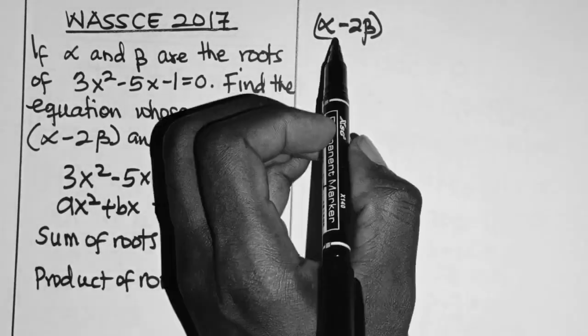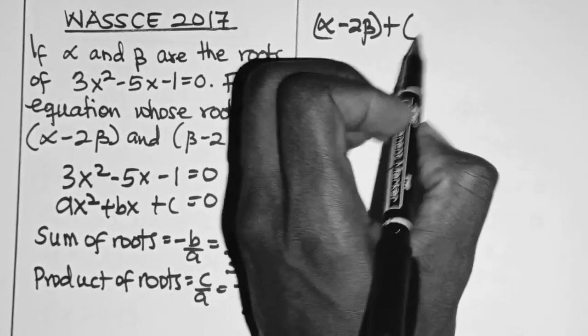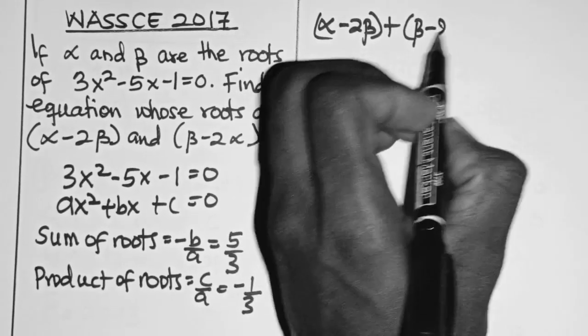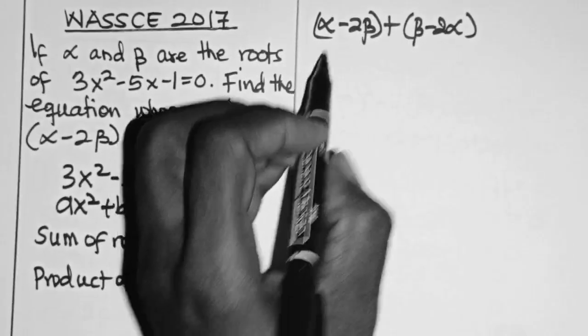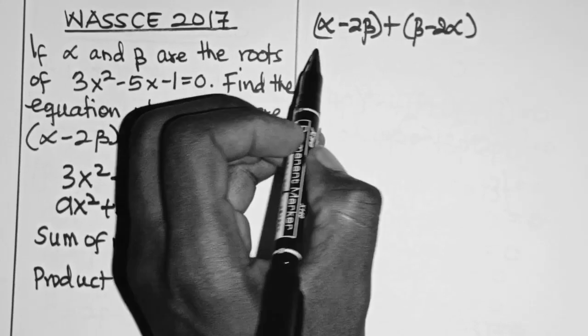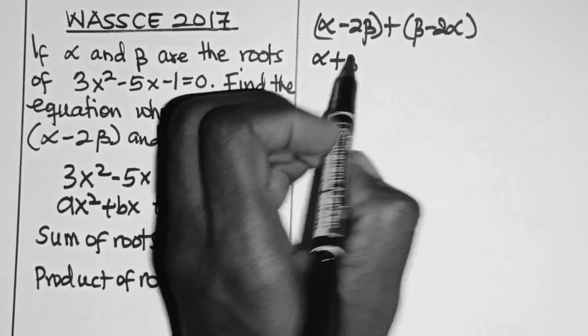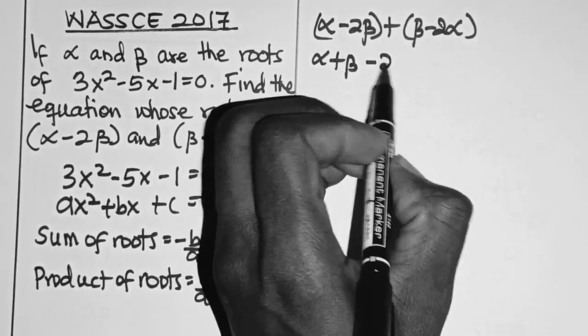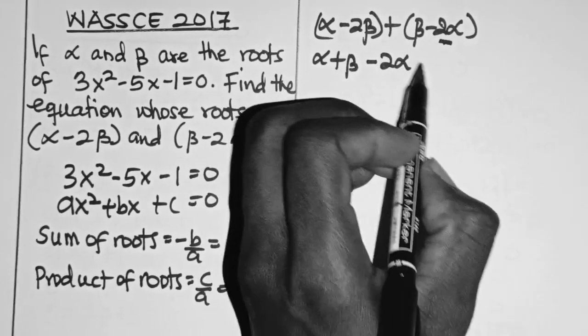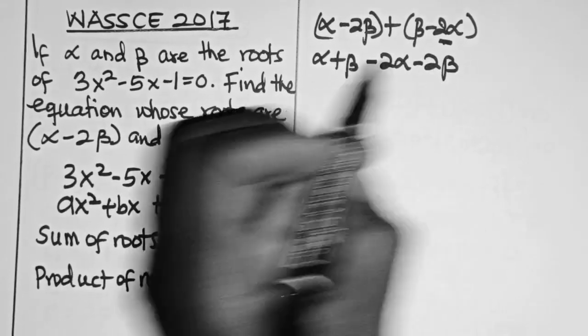So let's find the sum of the roots. So alpha minus 2 beta plus beta minus 2 alpha. So this is equal to alpha plus beta, then minus 2 alpha, which is this term, minus 2 beta.